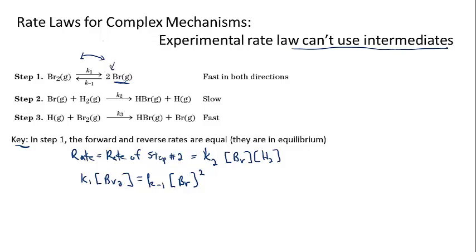It's squared because there's a 2 there. So that rate going that way equals that rate going that way. And then we solve for the concentration of Br. Concentration of Br is going to equal the square root of k1 over k-1 times concentration of Br2.